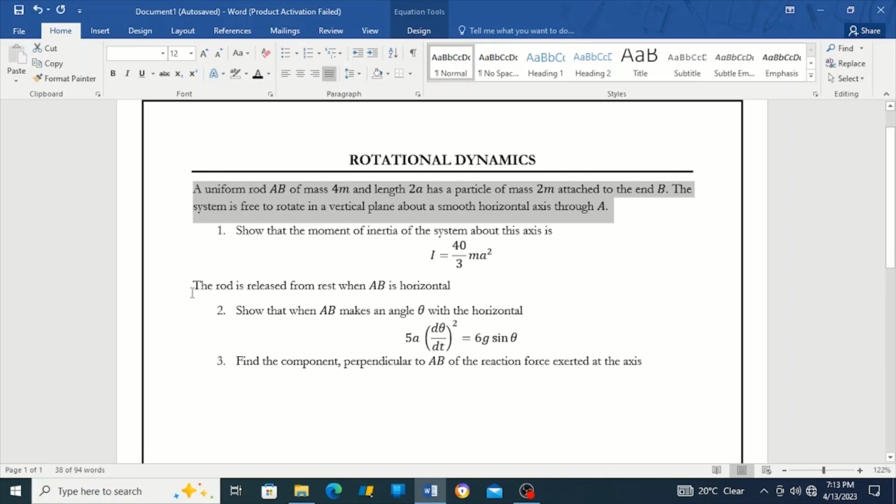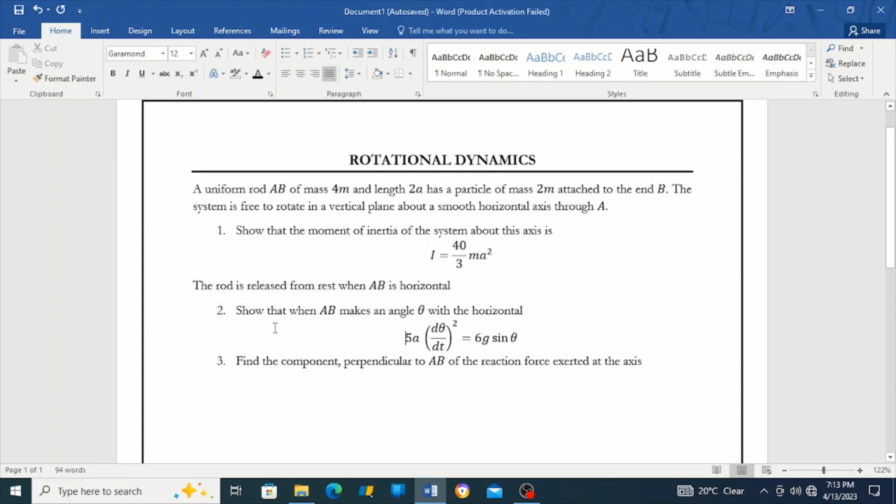The rod is released from rest when AB is horizontal. Show that when AB makes an angle of theta with the horizontal, this happens, and then find the components perpendicular to AB of the reaction force exerted at the axis.